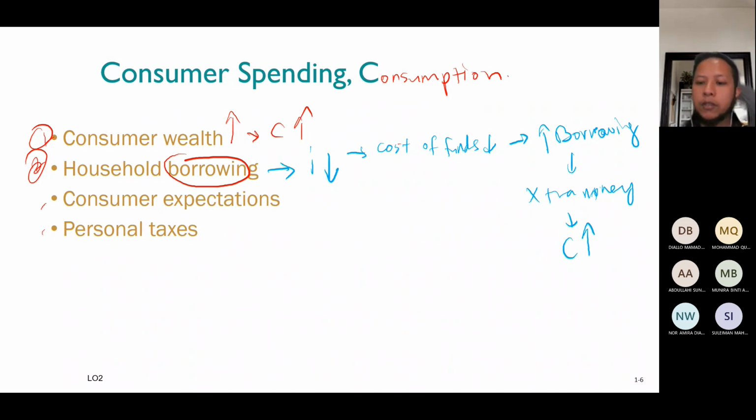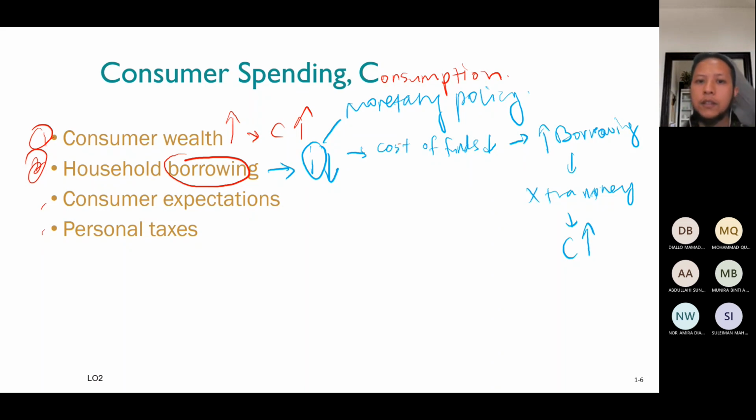We will cover this later on when we look at monetary policy. This is very much related to monetary policy. And if you realize, last week, I think the Malaysian Central Bank changed the interest rate, or in other words, the overnight policy rate. They basically increased the interest rate.